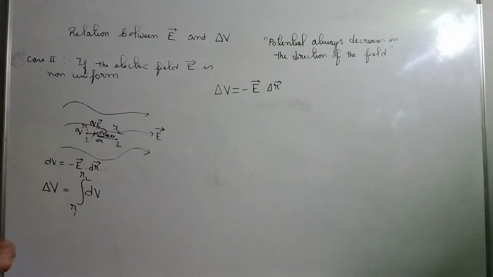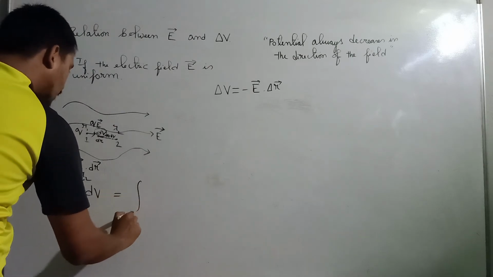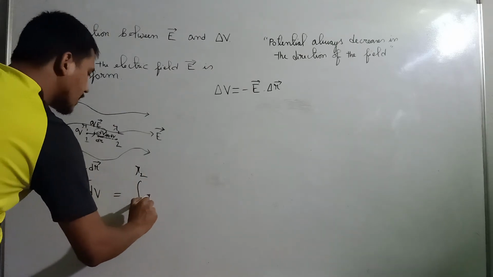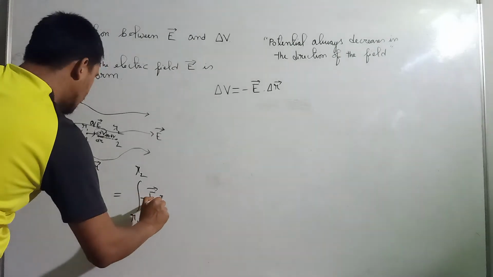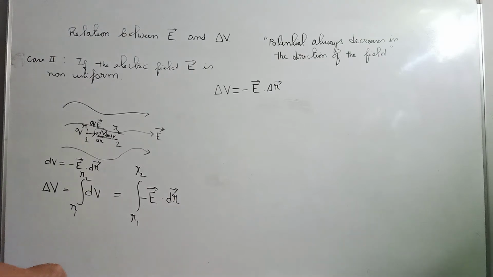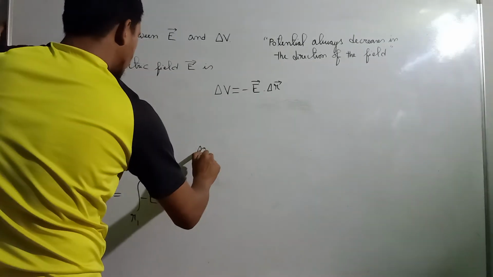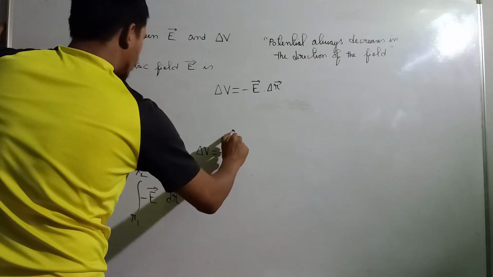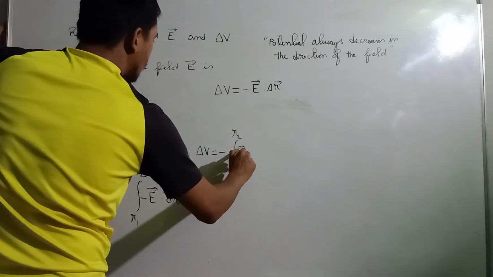So this is equal to the integral from R1 to R2 of minus E dot dr. So your del V will be given by minus the integration from R1 to R2 of E dot dr.